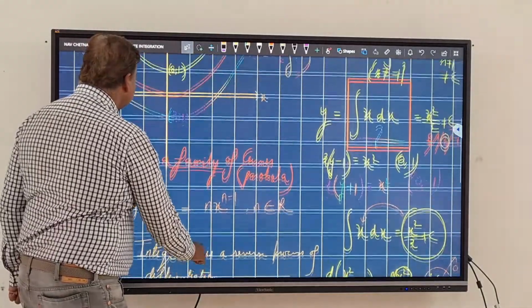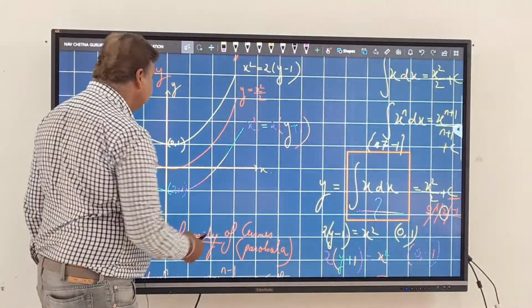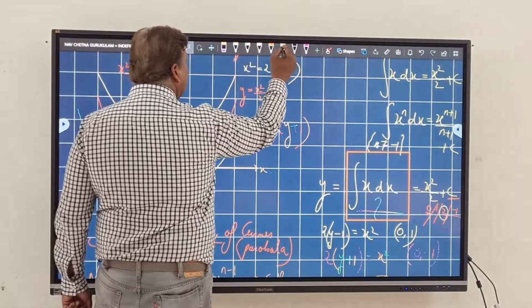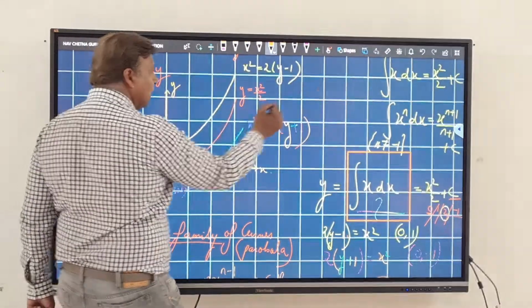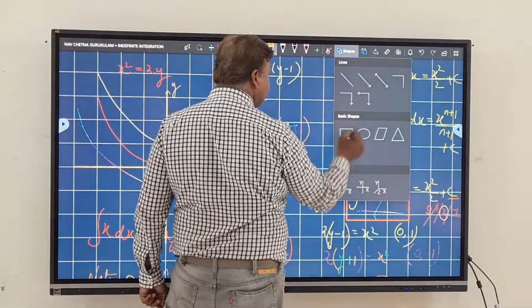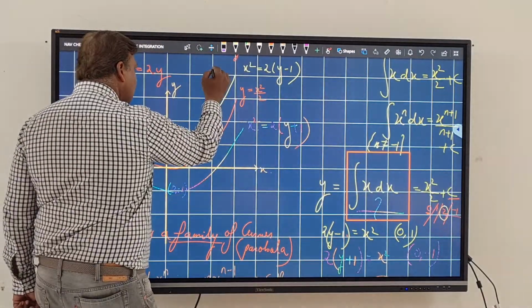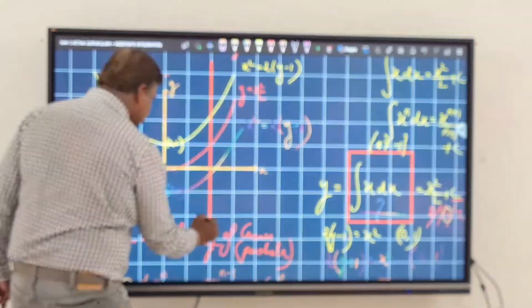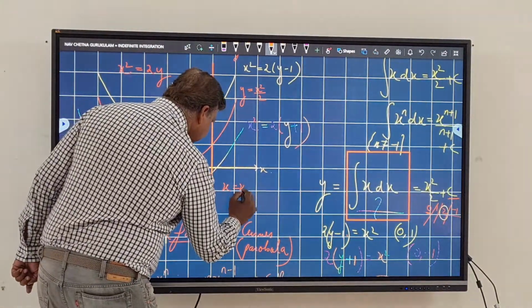Where was the diagram? If you look at this diagram, and if I draw an abscissa, this is the abscissa. Let's say it is x equal to x1.